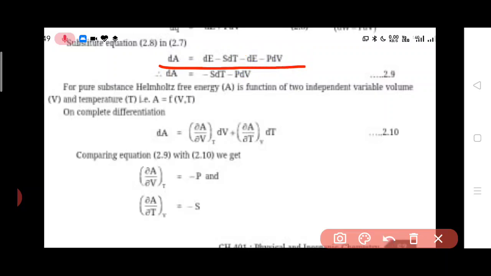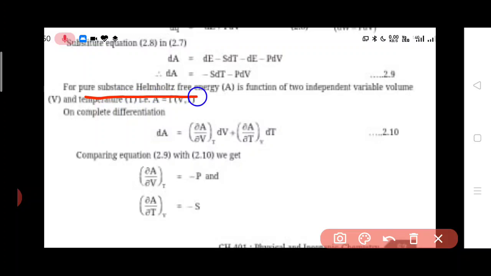By opening the bracket, the plus sign is converted into a minus sign. Now this plus dE minus dE will cancel out, and you will get dA is equal to minus SdT minus pdV. Only this term remains, minus SdT minus pdV. So this is the equation, dA is equal to minus SdT minus pdV.